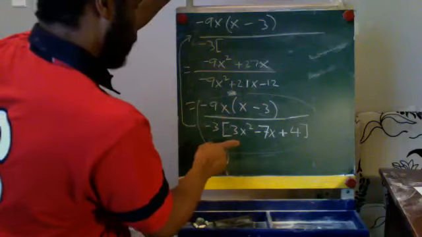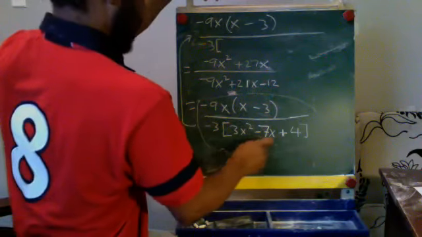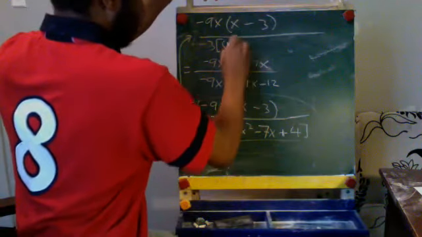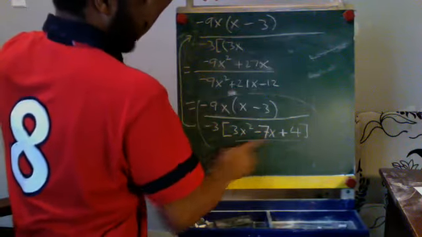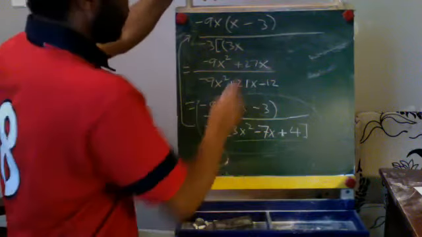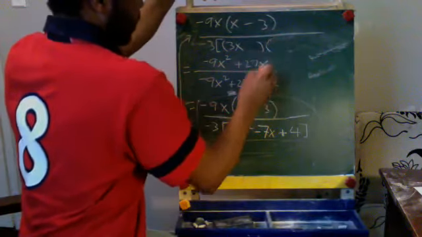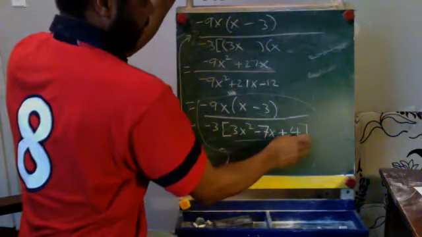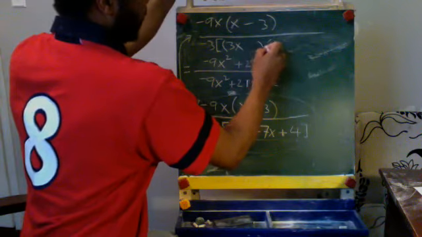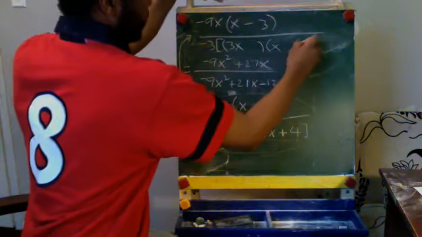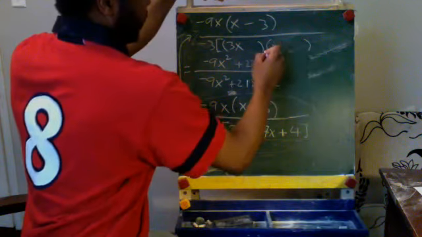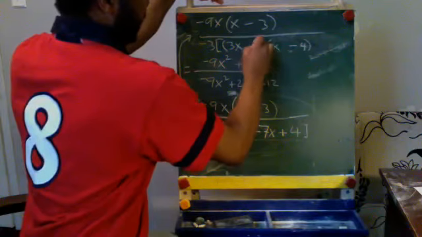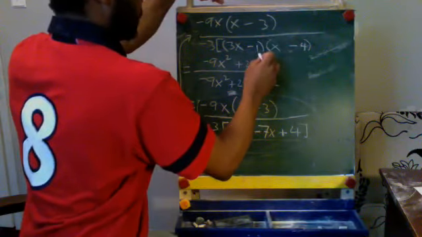All right, so what happens here is I want to factor this out. And you can do it by trial and error, but I know that because all the numbers here are relatively prime, it's nice to factor. So I have a 3x here, I have an x here, and I need to figure out a way to get positive 4. Well, fortunately for us, it's not hard to get positive 4. I'm going to try here with a negative 4 and a negative 1. And here's my reason for that.